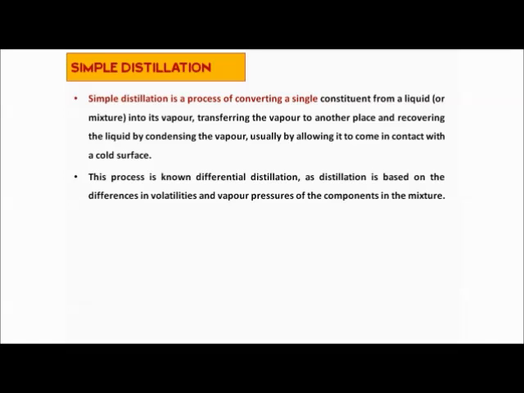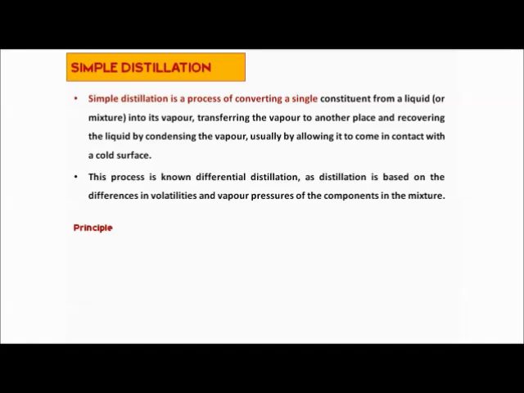So once you heat the liquid containing that component, it will evaporate at a different temperature from that of water. The vapor collected can be easily condensed to get that component separated from the water itself. We are going to separate the water and the component which were initially present as a solution.